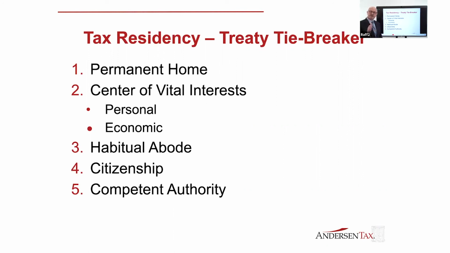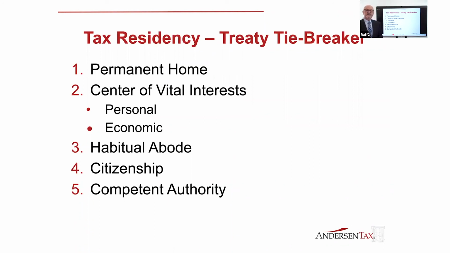So if we're talking about the U.S. and Canada, you're a U.S. resident under U.S. law, and a Canadian resident under Canadian law. And that can happen a lot, as Krista mentioned, because the two tests are different. Canada's is subjective and the U.S. is objective. So it can happen a lot where people are actually resident of both countries at the same time.